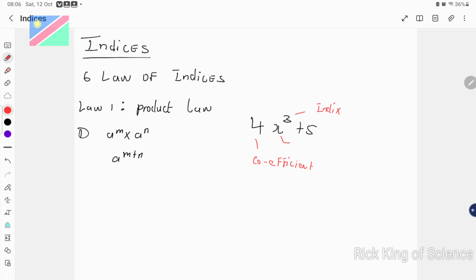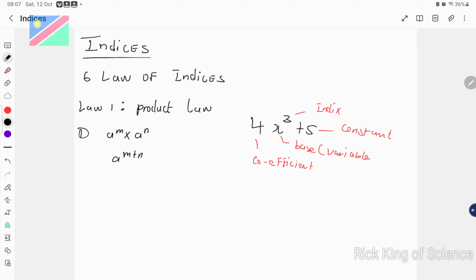We call this one a variable or a base. And we call this one a constant. A number without a letter next to it is called a constant. Are we together? It's important for us to understand that language because we are going to use it a lot in indices.